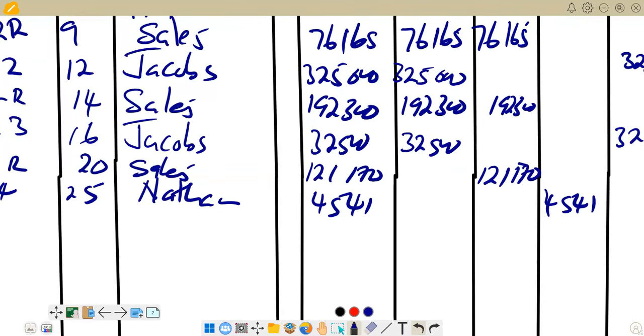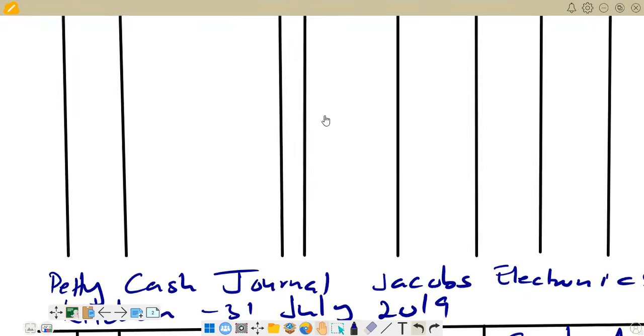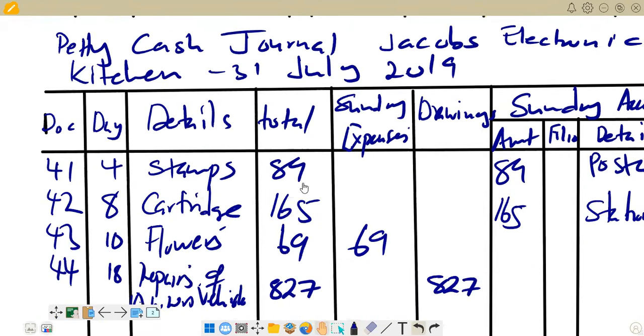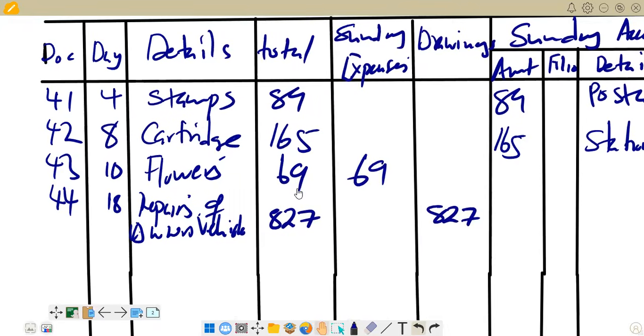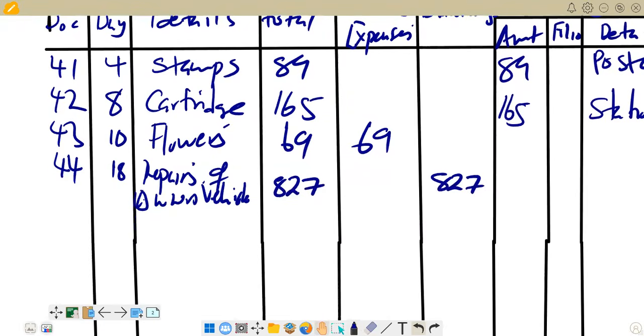This is our receipts journal, so we can go to our petty cash journal. This is our petty cash journal now. Here, what I'm saying is this is 46 in terms of the document number, and the day is 29. And we are saying they are candles and matches.